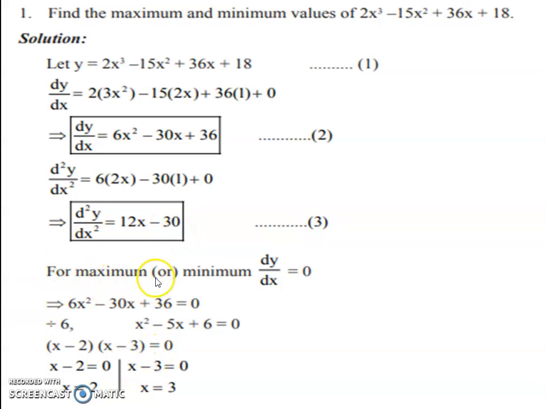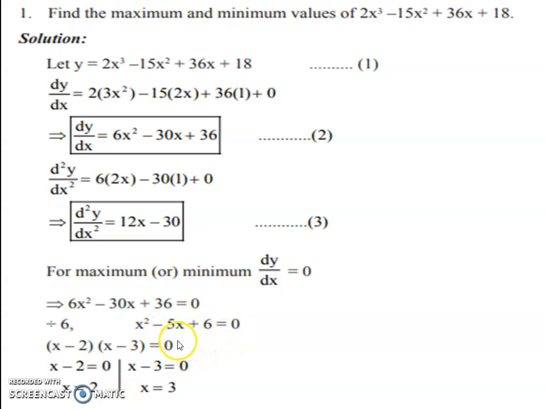Now, for the maximum and minimum condition, check dy by dx is equal to 0. Be careful, in equation number 2, 6x square minus 30x plus 36 equal to 0. Divide both sides by 6, we have the simplification: x square minus 5x plus 6 equal to 0.